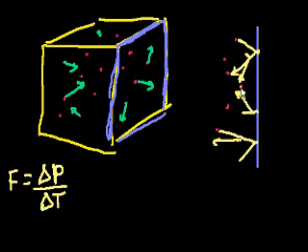But we can say on average, this many particles are changing momentum on this wall in this amount of time, and so the force exerted on this wall or this surface is going to be whatever, x. And then if we know what that force is and we know the area of the wall, we could figure out pressure, right? Because pressure is equal to force divided by area.